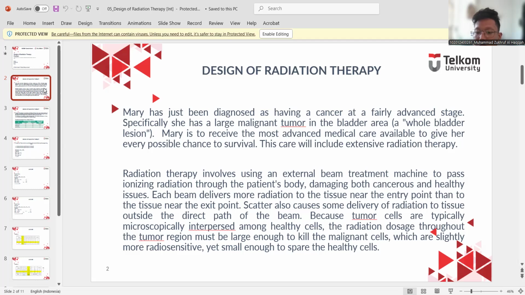The objective is to deliver a sufficient radiation dose to eradicate the tumor cells, even the microscopic ones, while simultaneously minimizing radiation exposure to surrounding healthy tissue.